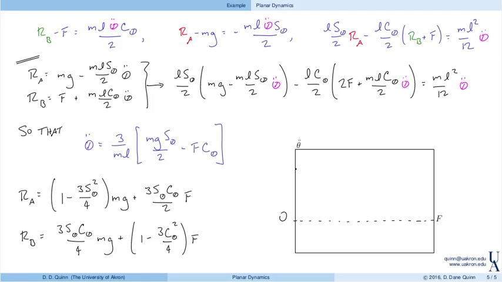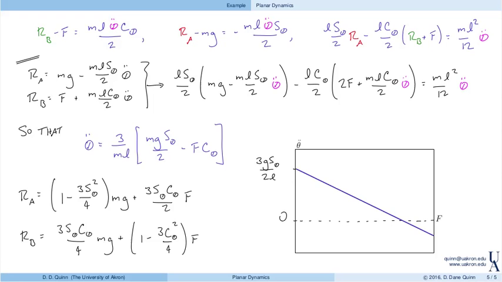If the applied load is equal to 0, then the acceleration of the bar reduces to 3g sine of theta over 2L. And as F increases, this value of theta double dot simply decreases linearly. So I can represent that as just a linear decrease in the angular acceleration.